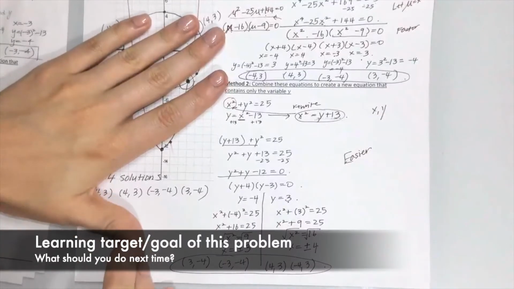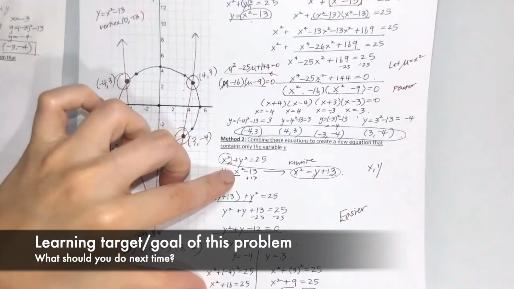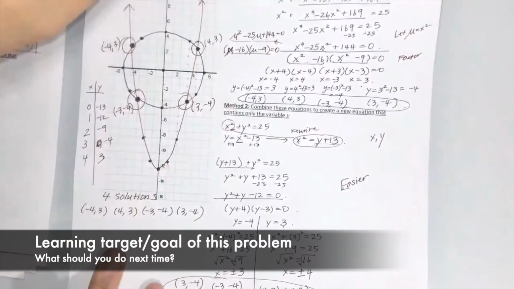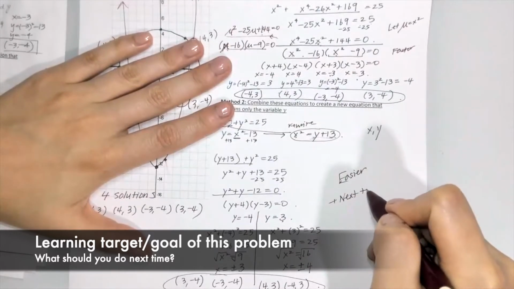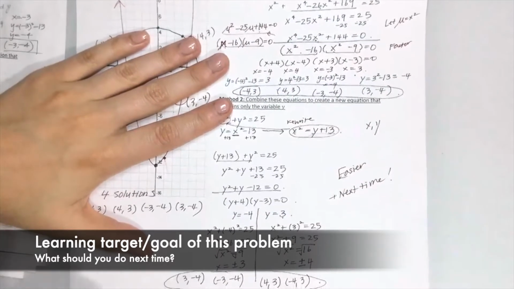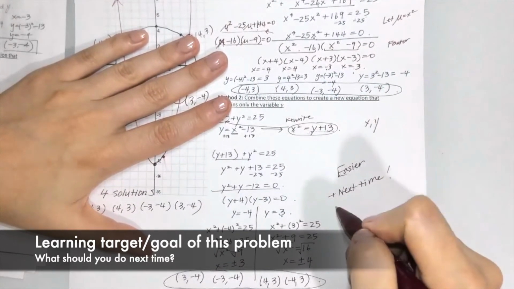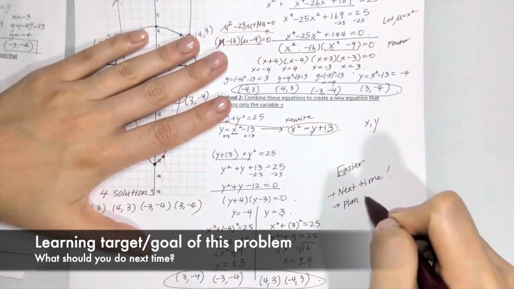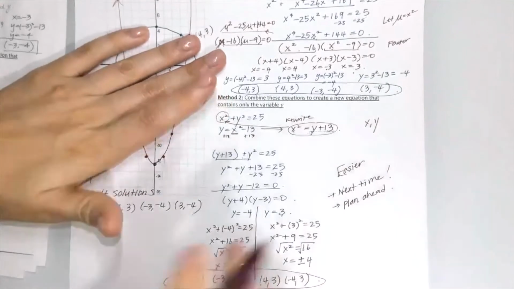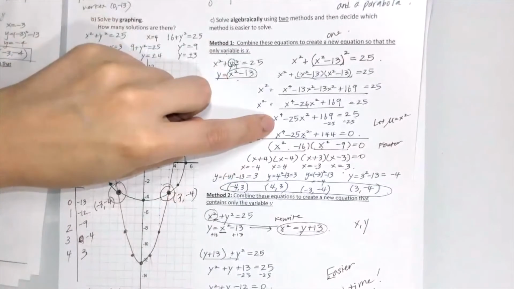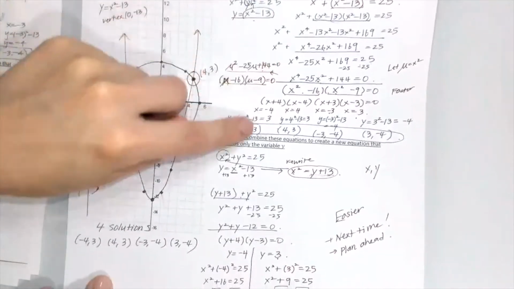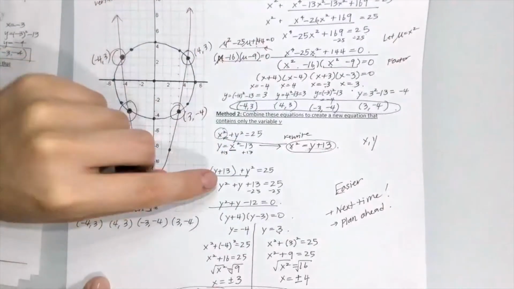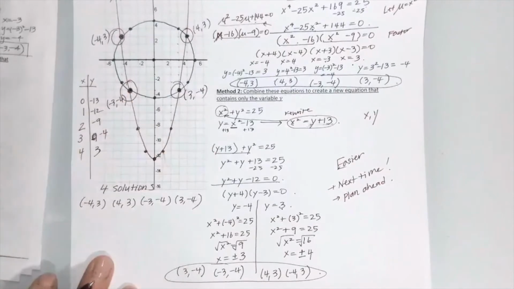And the purpose of this is for you to compare it, see which one's easier, and then next time when you do it, I want you to recognize and always make sure you plan ahead, so that if you try this and you got an x to the 4th, you immediately know that's going to be too complicated. So then try another method. Then find the one that's easier for you and solve.